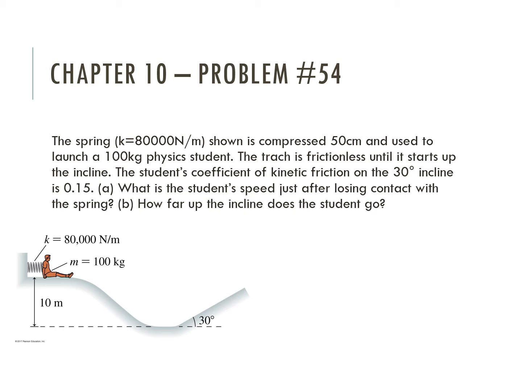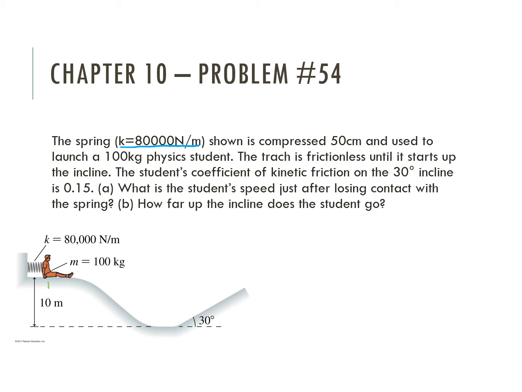So let's read through this question, and I'm going to highlight the key aspects that are going to be important moving forward. So we have a spring constant, so that's going to be important because we're compressing it 50 centimeters. So I'm going to use blue for constants throughout the question. I'm going to try to use different colors for the different points.